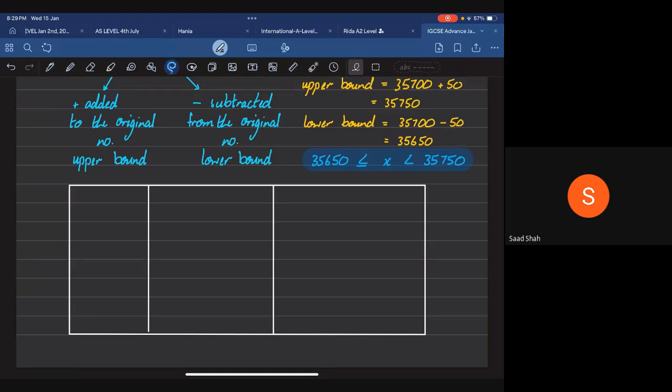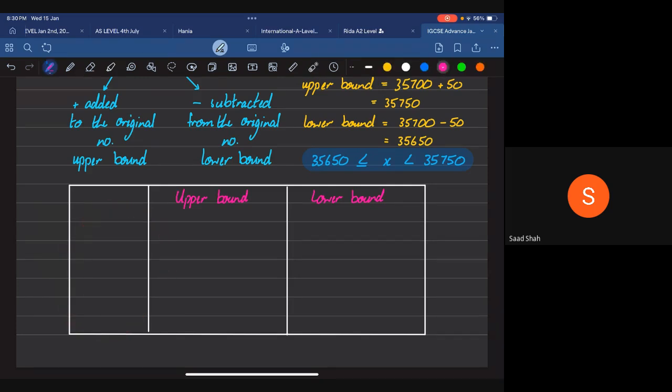The last column is too big. So it's going to be upper bound, lower bound, and we're going to look at different operations.